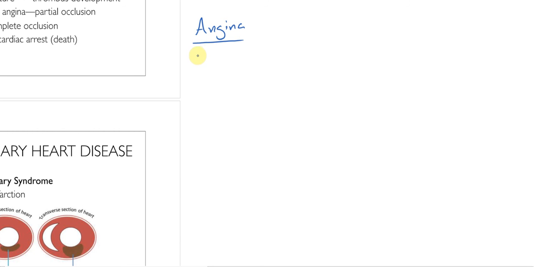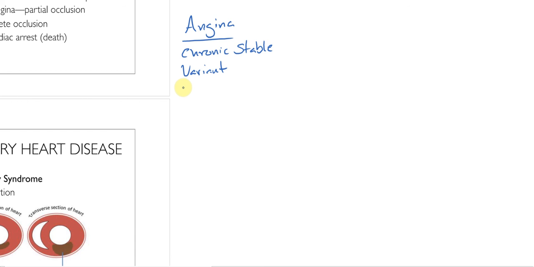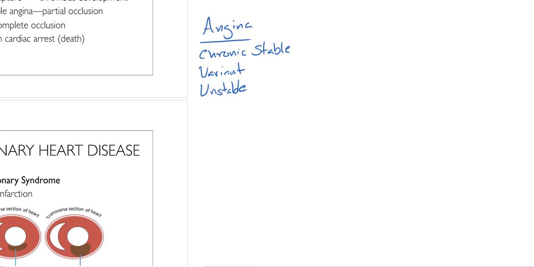There is chronic stable, we have variant, and we have unstable. My V looks like a U, but I trust you all will understand how to tell the difference. So chronic stable, that was a stable plaque.